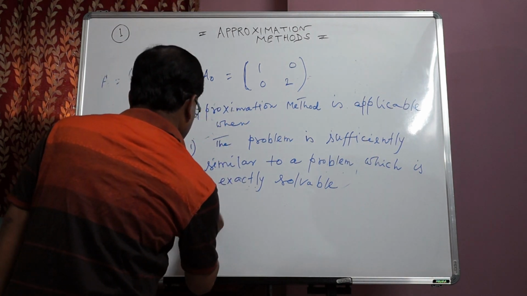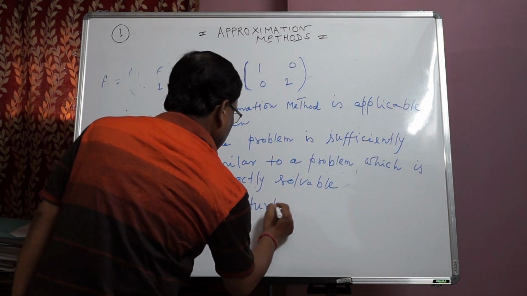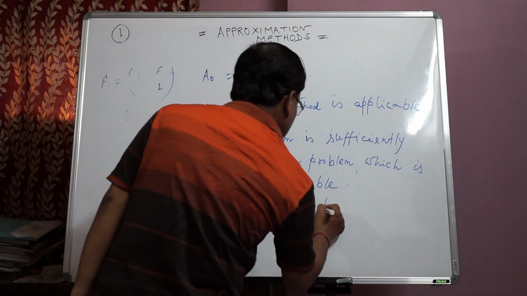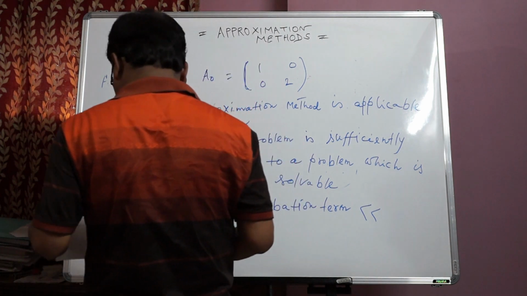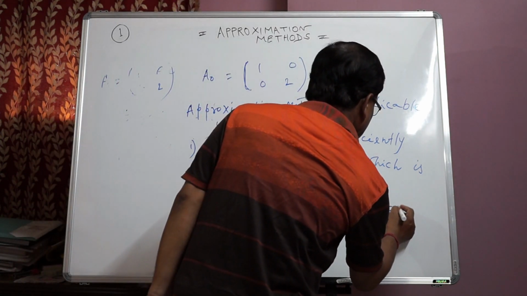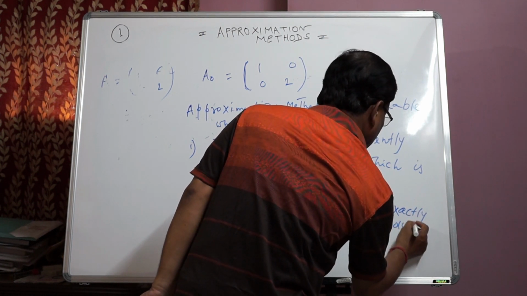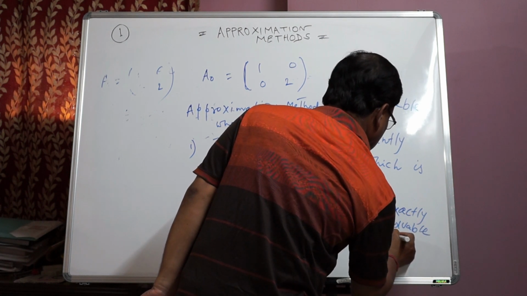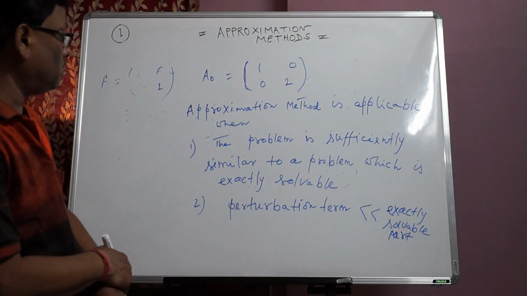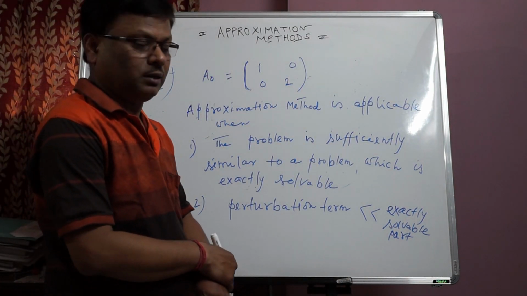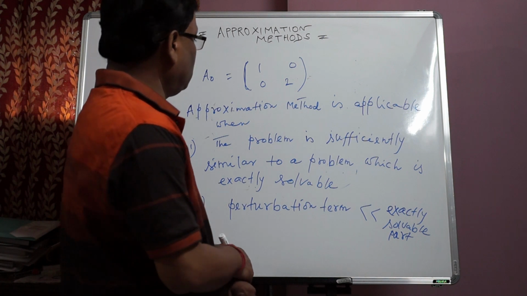And second, when the perturbation term is very much less than the exactly solvable part. Under these two conditions only we can apply perturbation method or approximation methods. Okay. Fine.